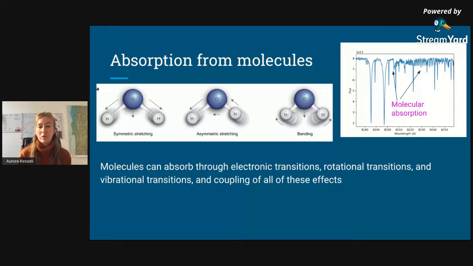And then within those, there's a bunch of different ways that the molecule can rotate and vibrate. So here's an example of water where you get the stretching, and then you can get asymmetric stretching, and then you can also get bending. And all of these are different energy levels. And so that's why molecules have so many more transition lines than elements, because there's so many different ways that these energy levels can exist.